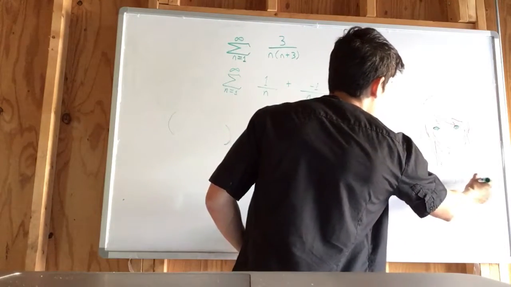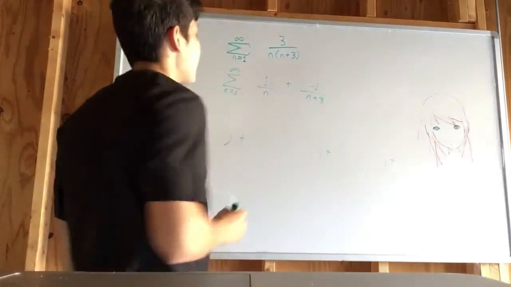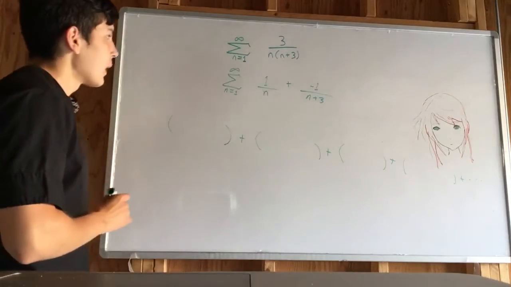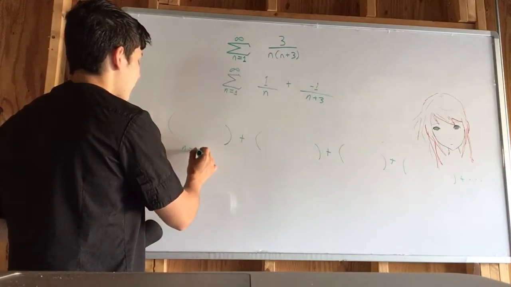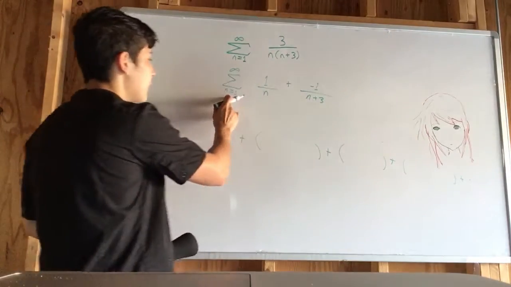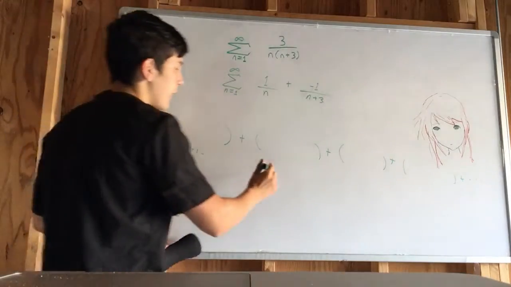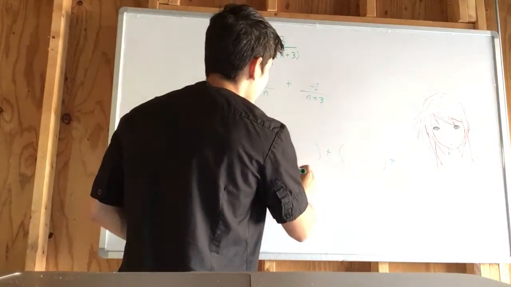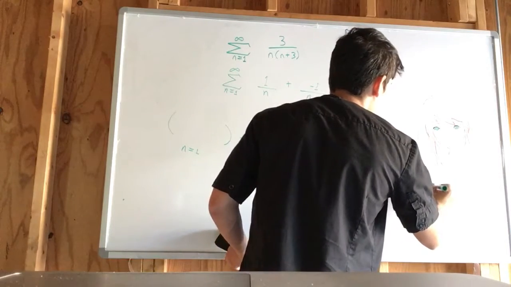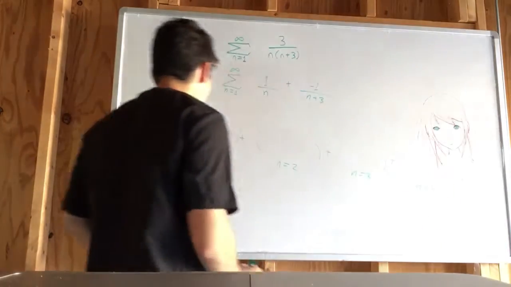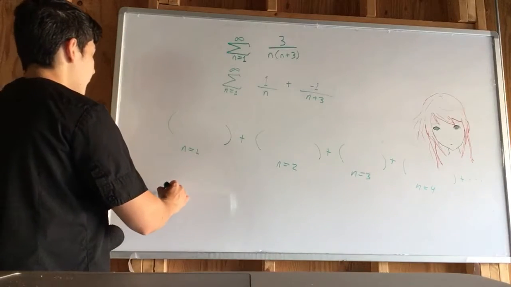And this would go on, in our case, forever because of the infinity there. So let's plug in the first n equals 1, and we know we start at 1 because it says right here. So n equals 2, n equals 3, n equals 4, and we could go on really.